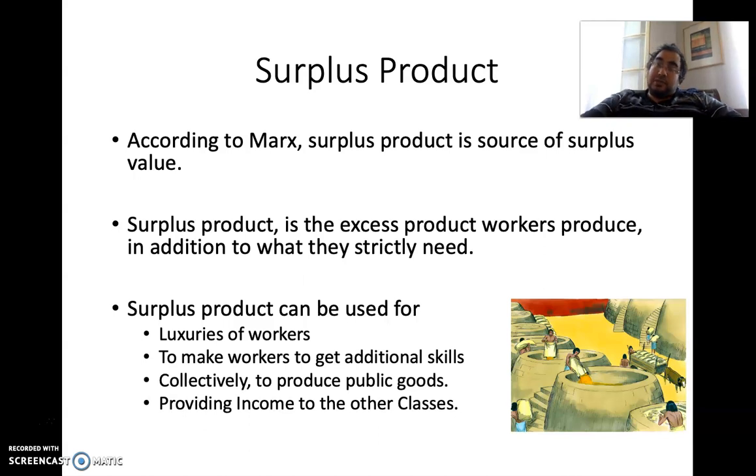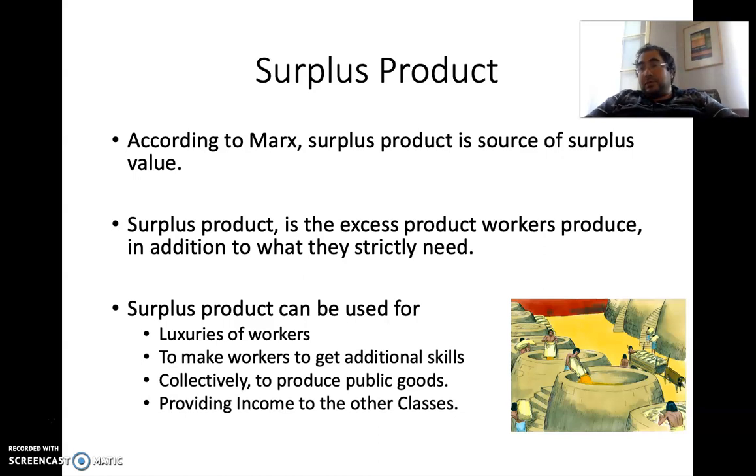A working worker, which means that guy is not sitting at home, but working at the factory, in a company, or in the field. So he spends energy. So the product he should get is what lets him get back the energy he has spent, plus he should remain healthy, basically.